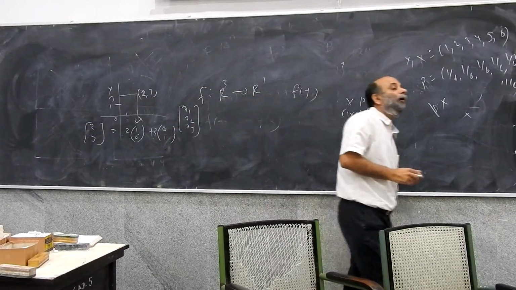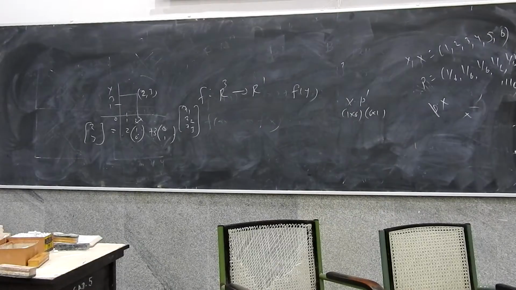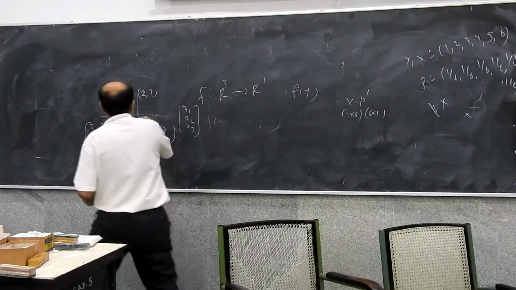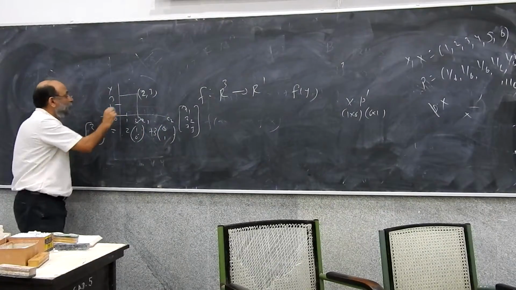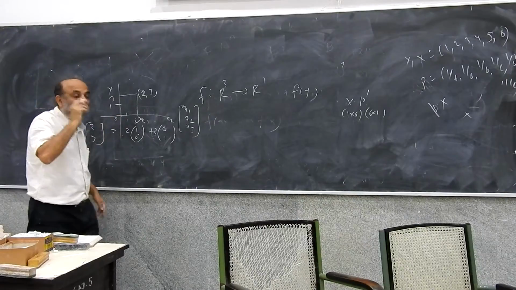For example, how will I write the point -7, -20? If I want to represent a vector -7, -20, it is -7 into 1, 0 plus -20 into 0, 1. So any point in this whole space can be represented using the first vector, I'll call this E1, and this E2.